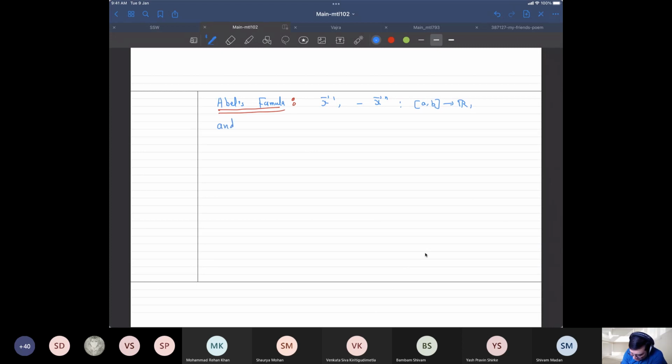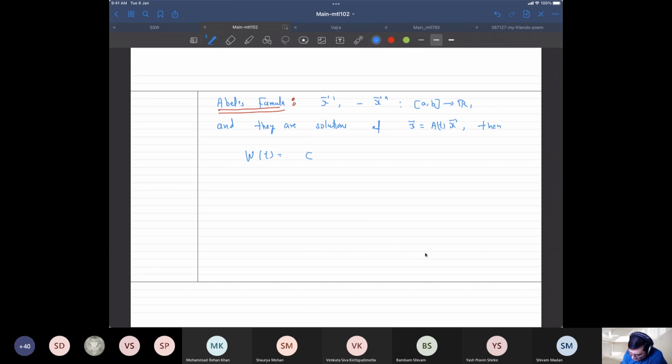So to get the Abel formula, you need an additional condition that they have to be solutions of the system like this. Then the Wronskian at time t is going to be some constant multiple.